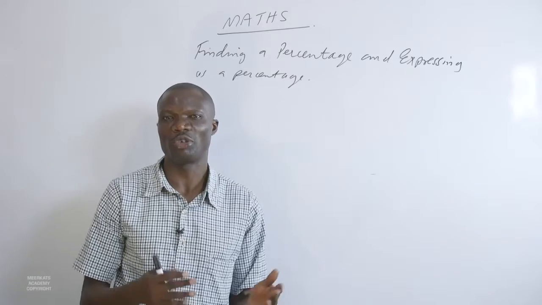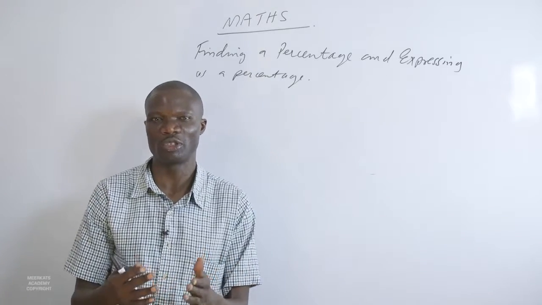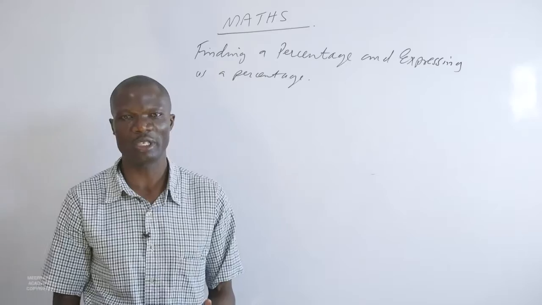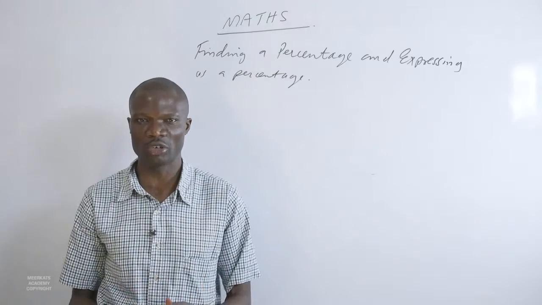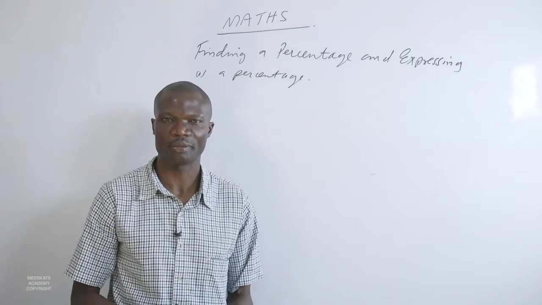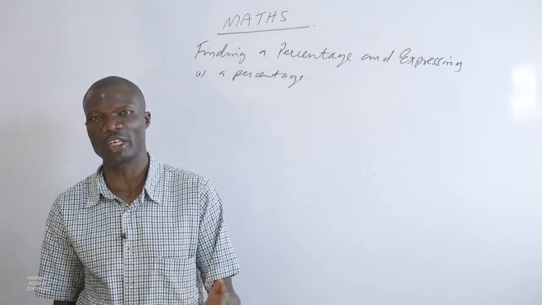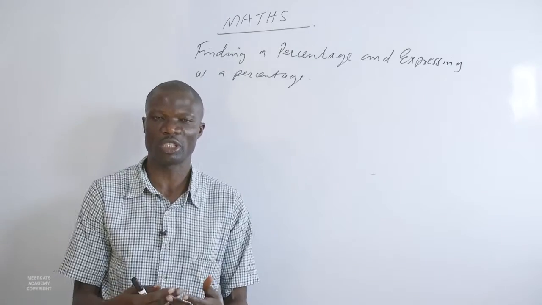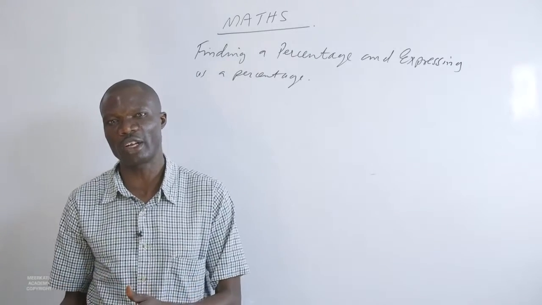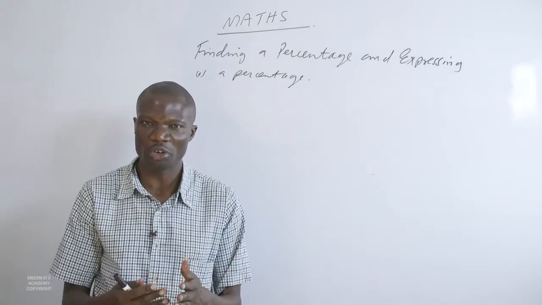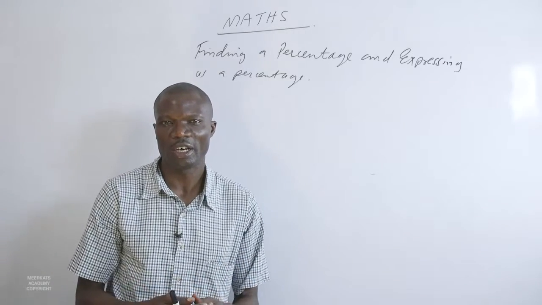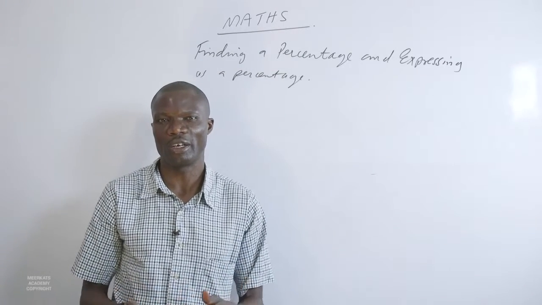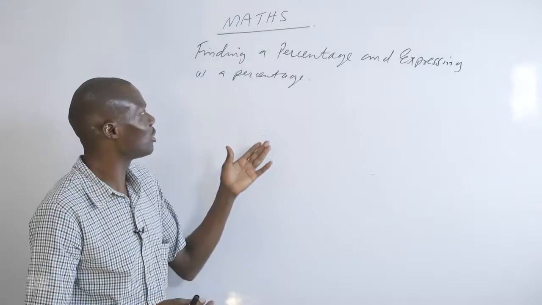If I ask you what you scored in the morning quiz in mathematics, you say out of 10 I got 8. So you got 8 out of 10. Okay, that's nice. Maybe another one will say, I got 6 out of 10. If a quiz was out of 100, you tell me you got maybe 66 out of 100. So that's what I want us to look at.